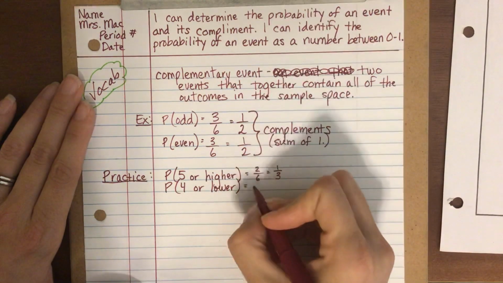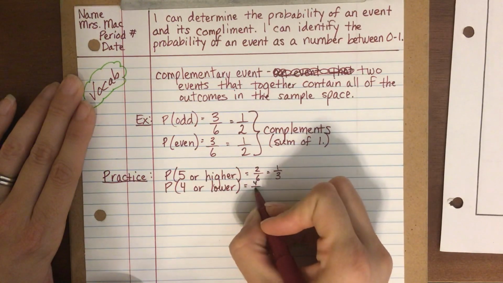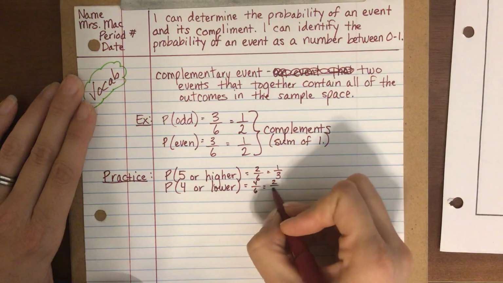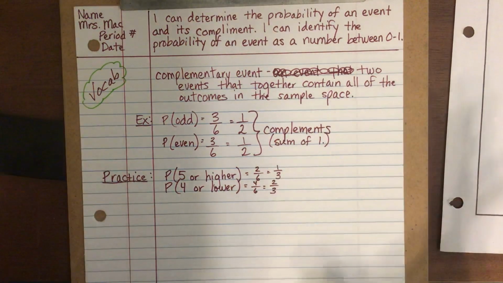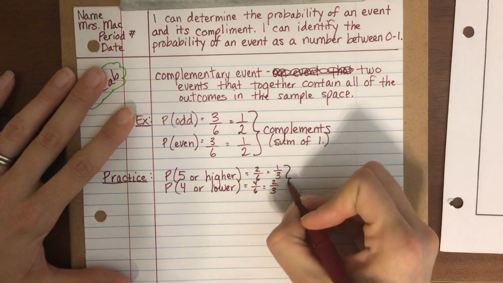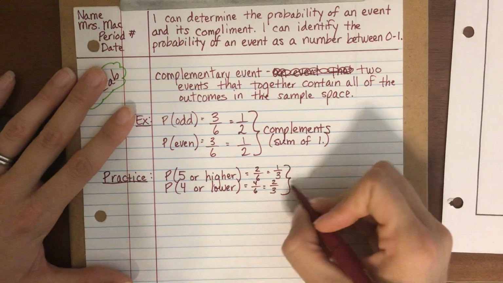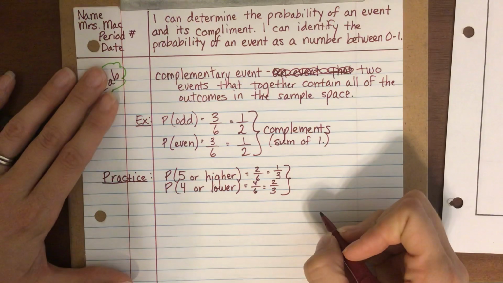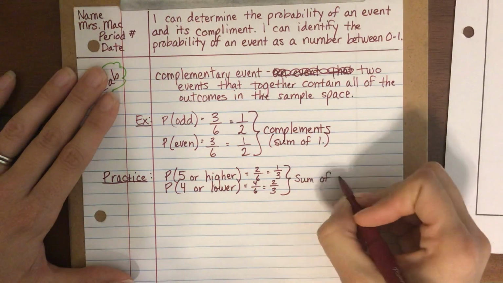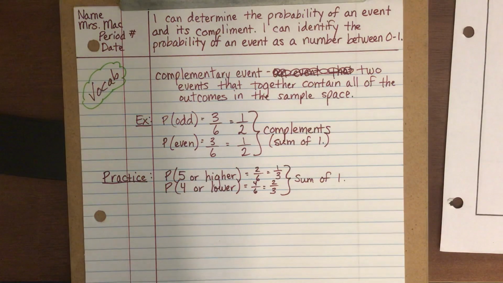So that's 4 outcomes out of 6 possible outcomes. And when we reduce this, we get 2/3. Okay? To be doubly sure that these are complementary events, these should add up to 1. And you can see that they do. Okay, so this is a sum of 1, which means they're complementary events.